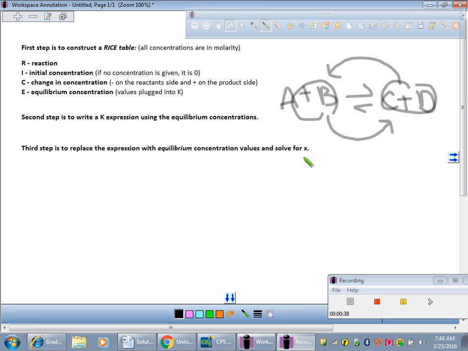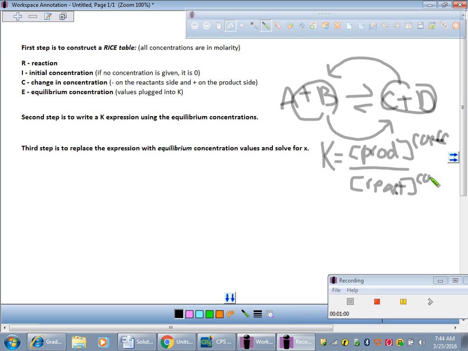So we were able to solve for our K constant, our equilibrium constant, if we took the concentration of products to the power of their coefficient divided by the concentration of reactants to the power of their coefficient. But what is important is that those concentrations have to be concentrations at equilibrium.